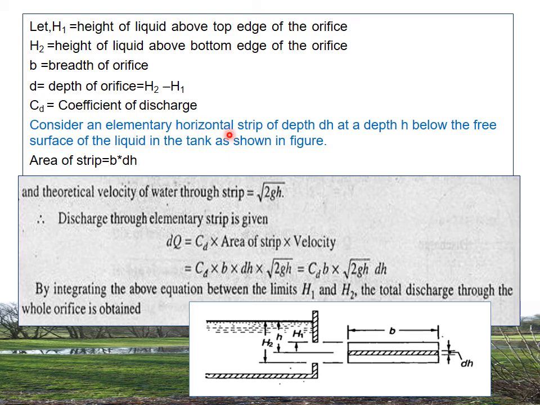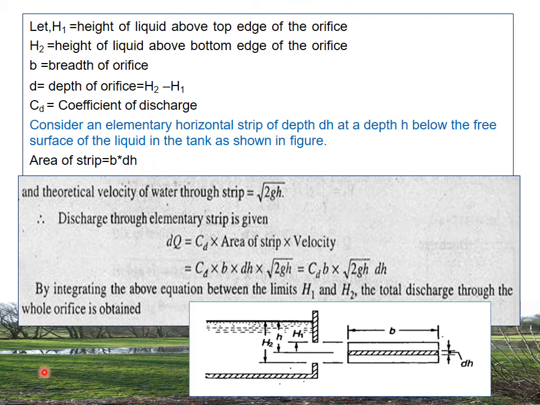Consider an elementary horizontal strip of depth dH at a depth h below the free surface of the liquid in the tank, as shown in the figure. The area of the strip is B into dH.